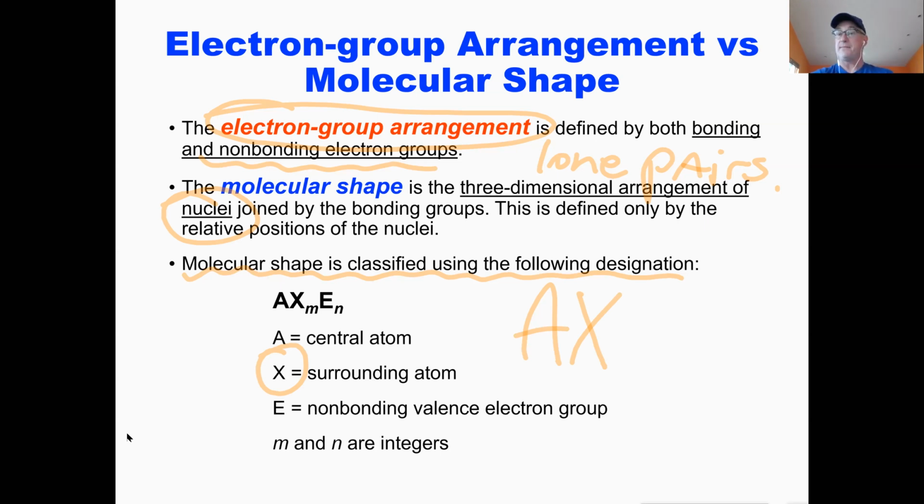So X are the number of surrounding atoms. They would be like 1 or 2 or 3 or 4 or 5, however many. And then E are just electrons, lone pair electrons. And there can be 0, 1, 2, 3, however many. And then we basically look at the structure we've made. For instance, I just mentioned water. Let's look at water again.